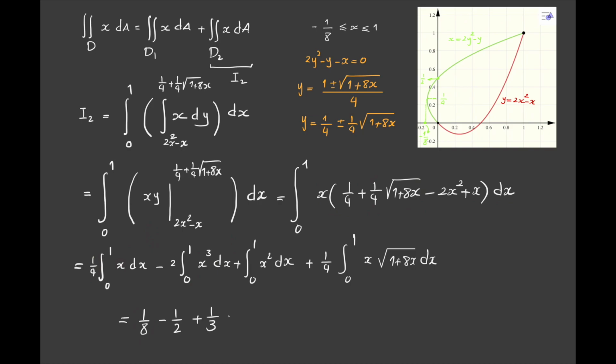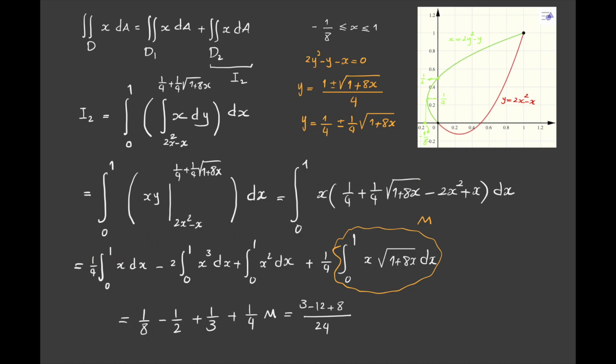Okay, and then it becomes plus 1 over 4, and for simplicity let me call this integral m for the time being, and then write 1 over 4 times m. And if I simplify the first few fractions, I take the common denominator here, which is 24, so this is 3 times, minus 12 times, and then plus 8 times.